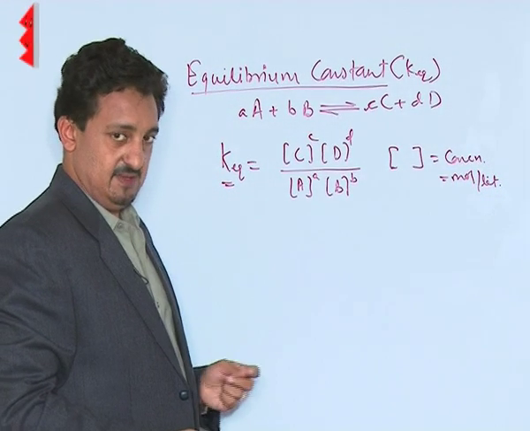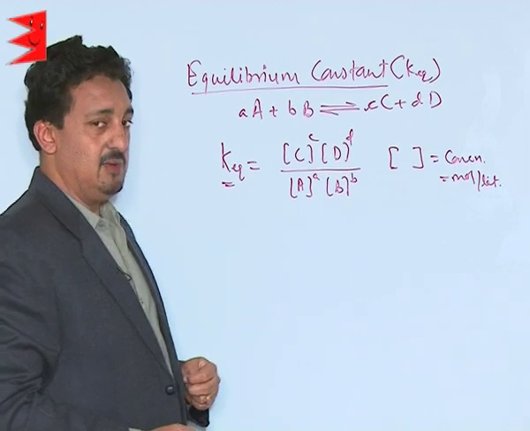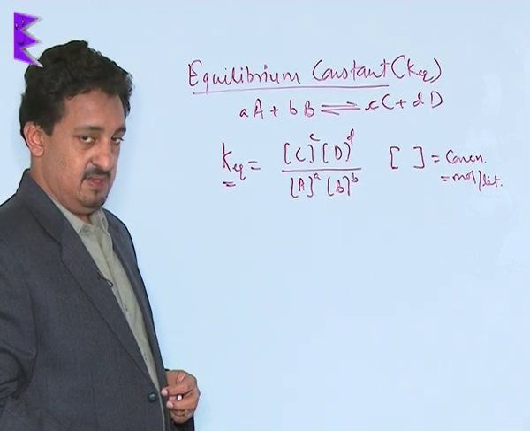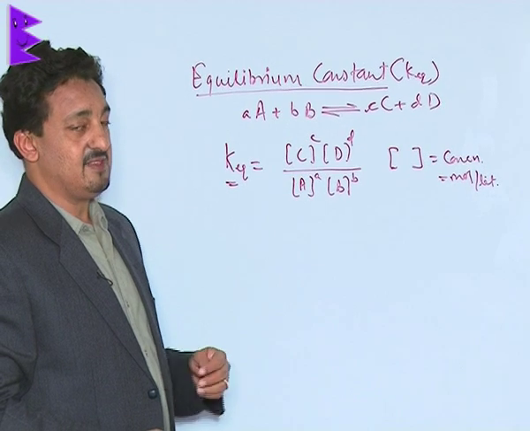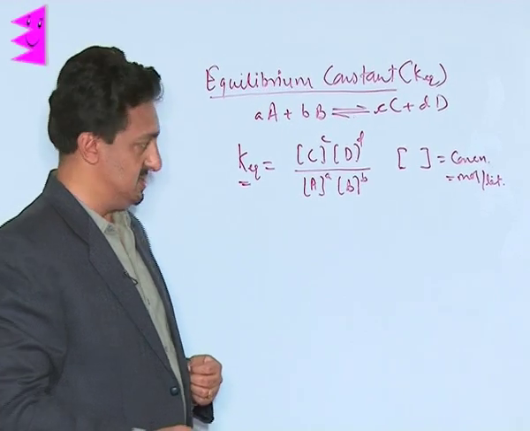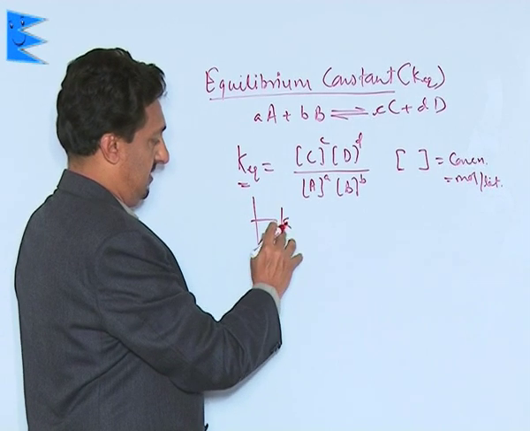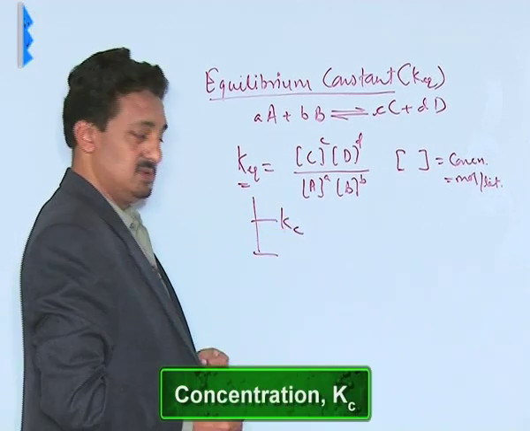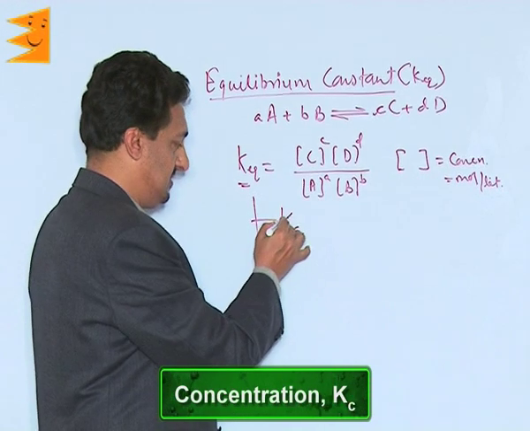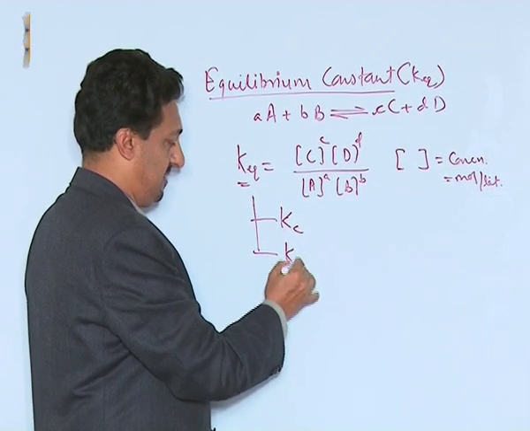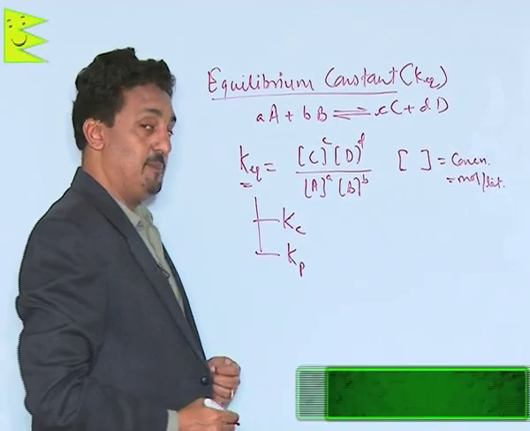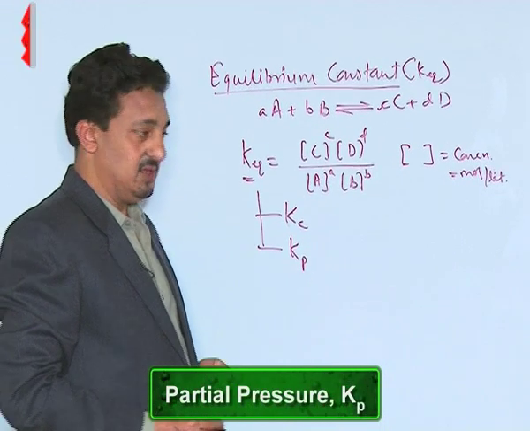So it is molarity. Now this equilibrium constant can be expressed in two ways. It can be expressed in terms of concentration, we call it Kc, and if it is expressed in terms of partial pressures, it's called Kp.